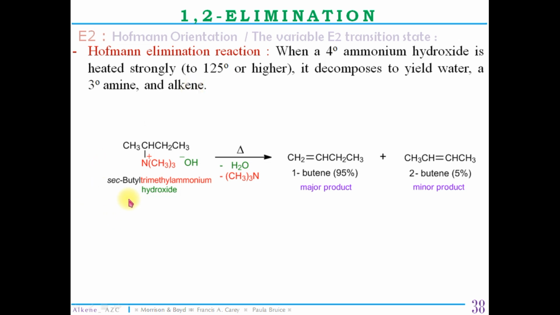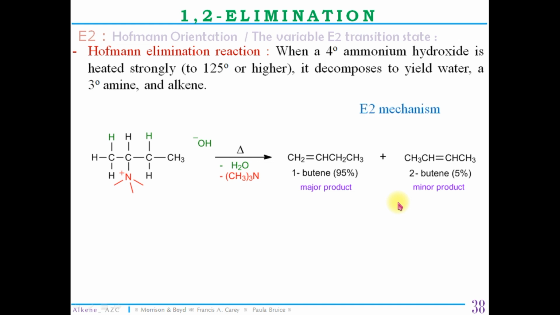Here is the example where sec-butyl trimethyl ammonium hydroxide upon heating liberates water and tertiary amine and gives the alkene 1-butene as major product and 2-butene as minor product. The mechanism is similar to E2 mechanism, where abstraction of hydrogen and removal of the leaving group occur in a single step.